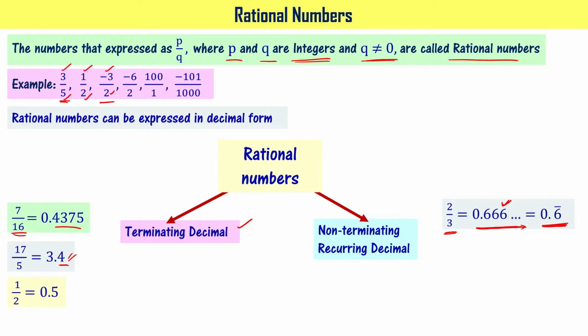Got it? 11 by 9 is 1.222222 and so on. That is represented in the short form as 1.2 with overbar on 2. It means number 2 is repeating as many times as you want. So 11 by 9 is not exactly represented by 1.22 to 3 digits or 4 digits after decimal, right?